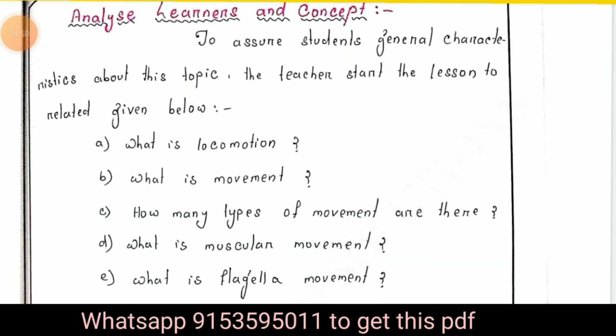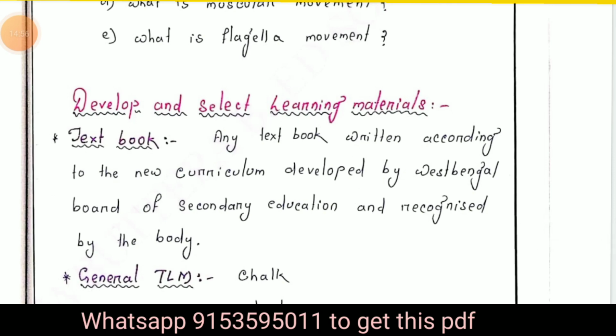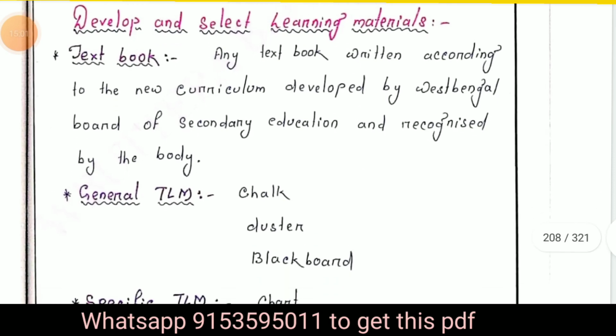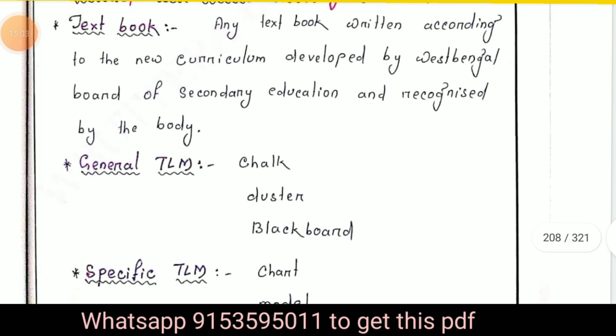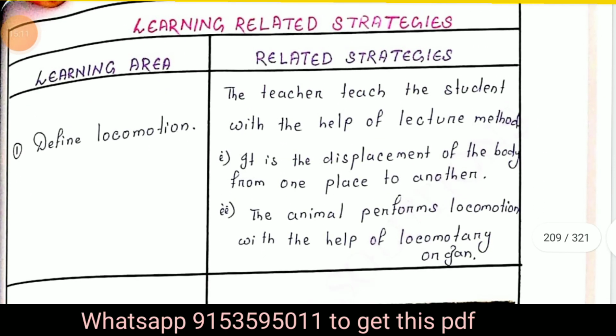The teacher starts the lesson related to the topics given below. Develop and select learning material: textbook, general TLM, chalk and duster, specific TLM, chart, model. Learning strategies or learning area related strategies.